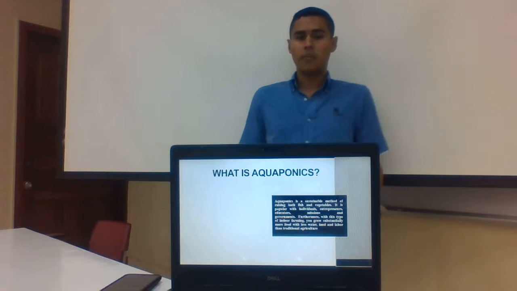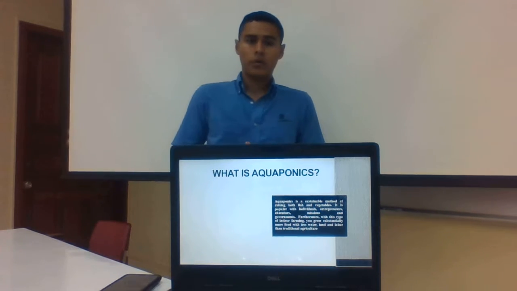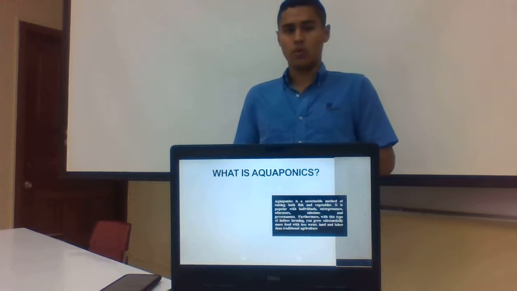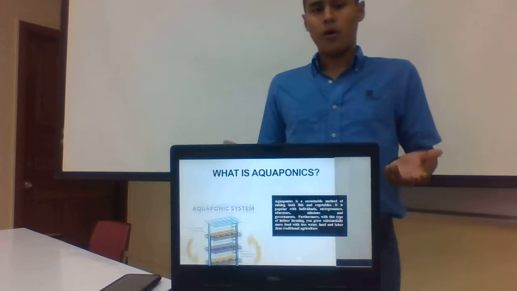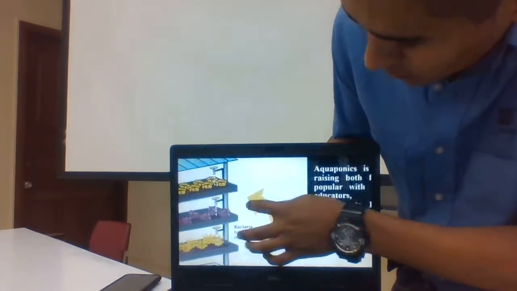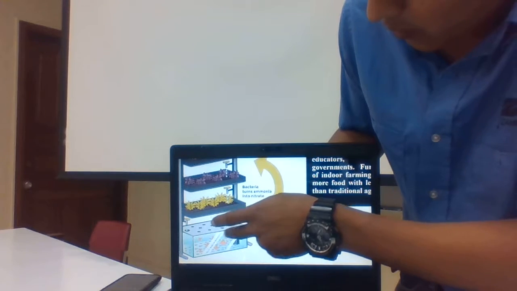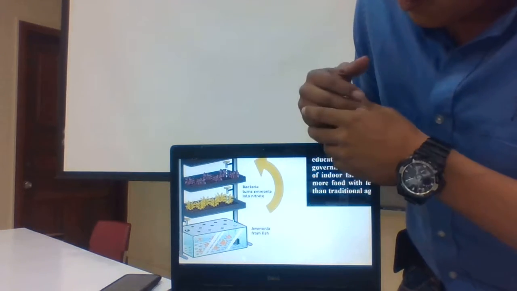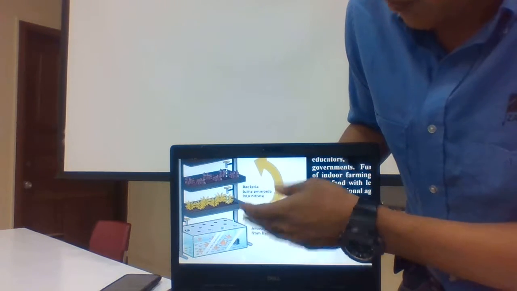So I want to talk about what aquaponics is. As you know, aquaponics is a sustainable method that produces fish and vegetables. To explain a little bit about how aquaponics functions, I will show this image. As you see, this is an aquarium of fish that are eating food and producing waste.